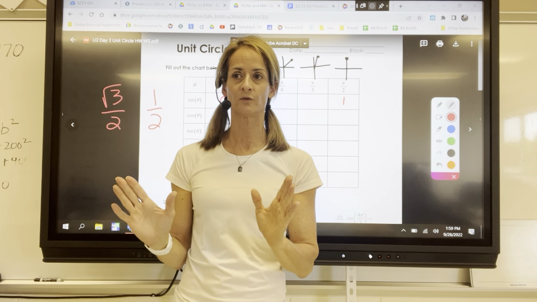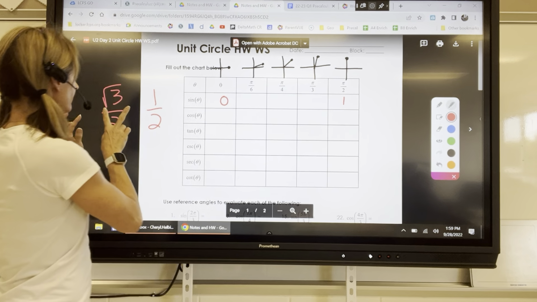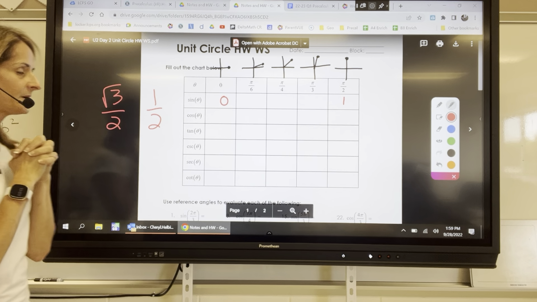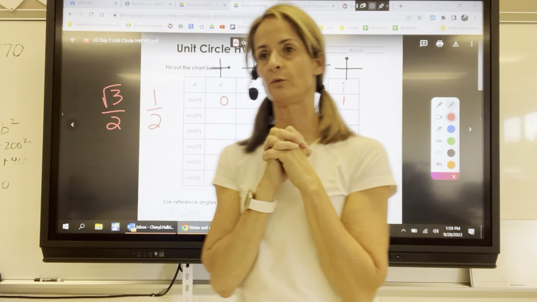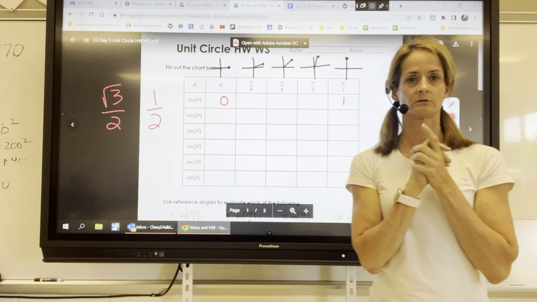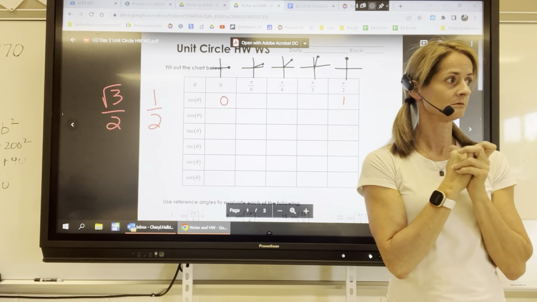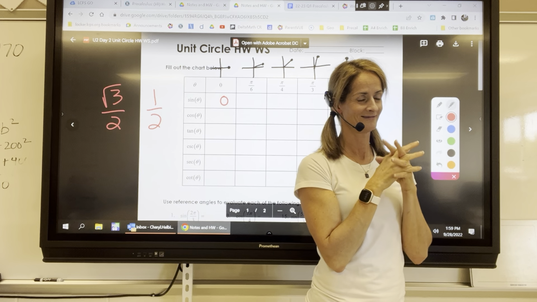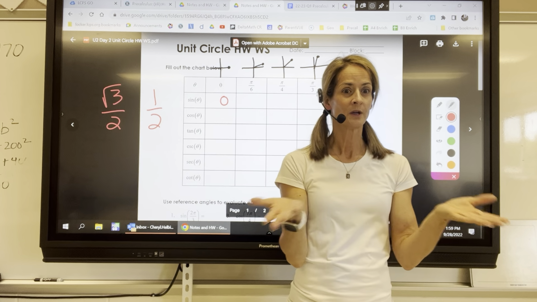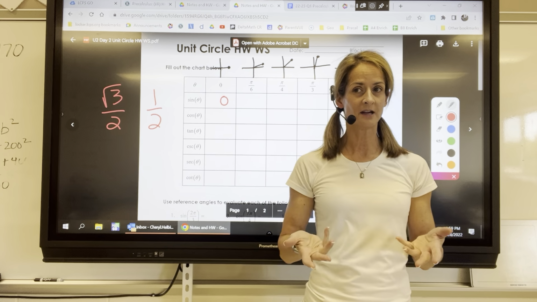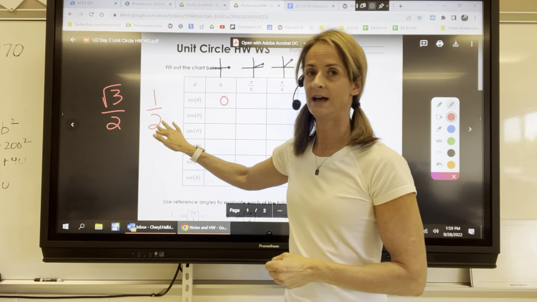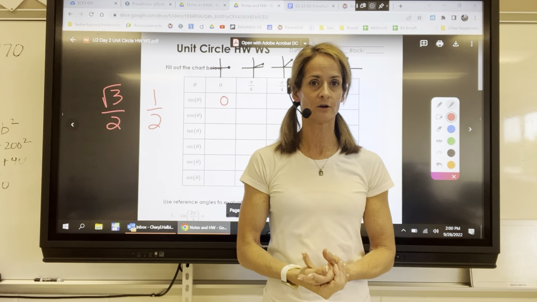Those are the same. We don't have to worry about those. But of these values, which one is the bigger number? Is root 3 over 2 bigger or 1 over 2? Which one is the larger fraction? How do we know root 3 over 2 is larger? You're right. It's more than 1. Root 3 is 1 point and some stuff. So this fraction right here is larger than 1/2. If you put it in your calculator, it's going to be a larger number.